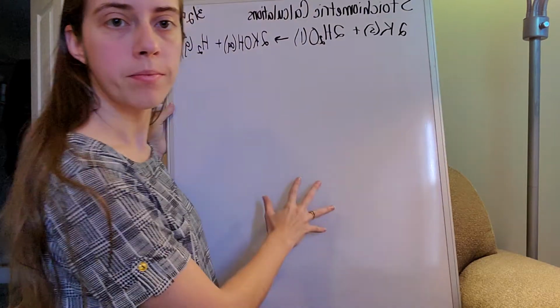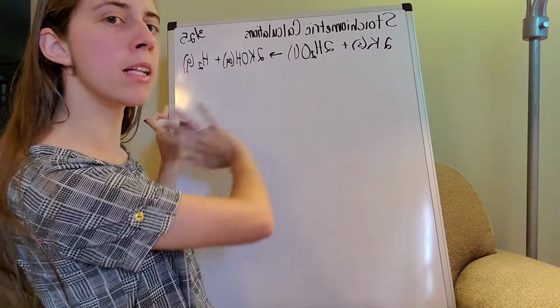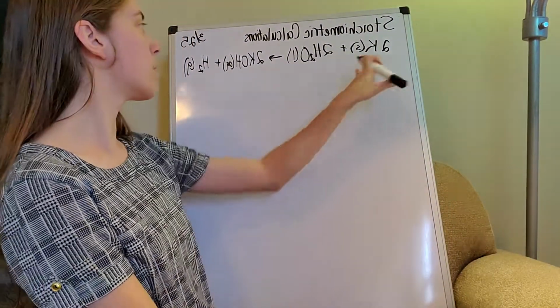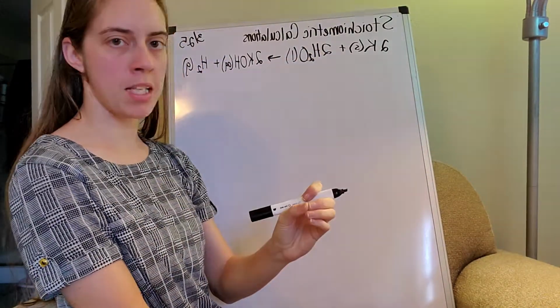Okay, so this is your balanced equation. This is just balanced the way it needs to be so that we have the same number of potassiums on each side, the same number of hydrogens, so on and so forth. That's the only reason why this is balanced this way.